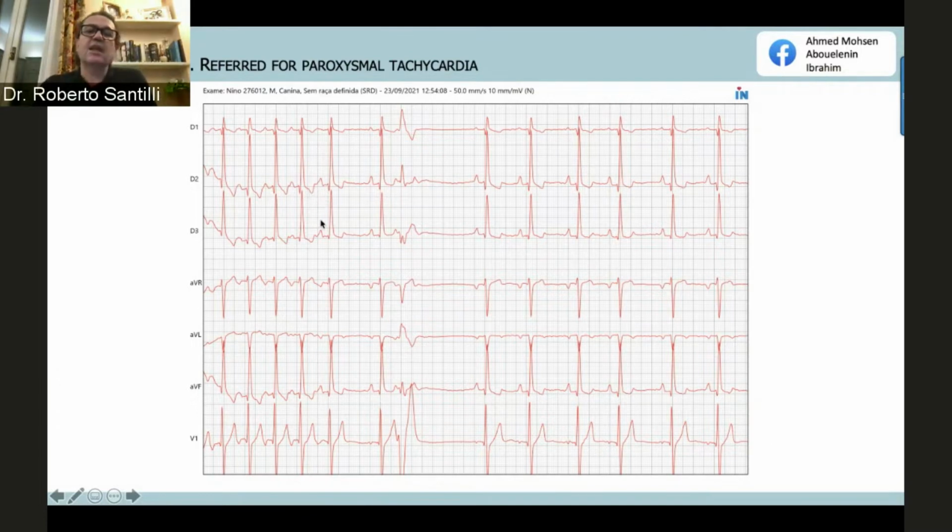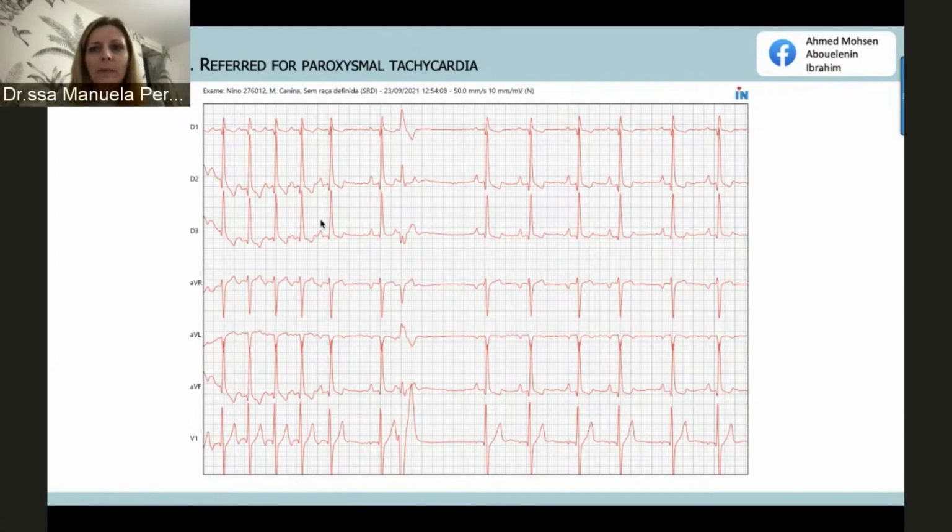And I think this can be some repolarization abnormalities that you can have during rapid change in the heart rate. So sometimes you can have repolarization abnormalities, and you can have what we call QRS complex alternans, but they are mainly repolarization abnormalities related to the faster rate. Okay, thank you.